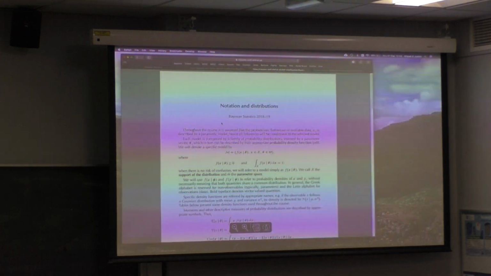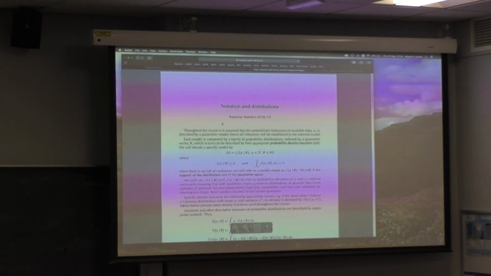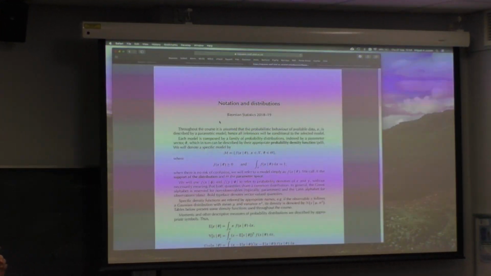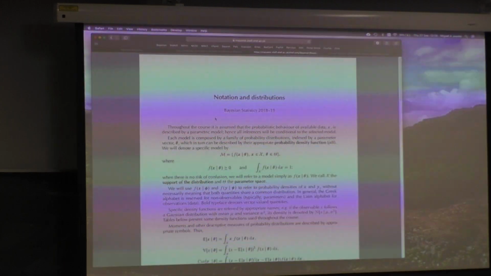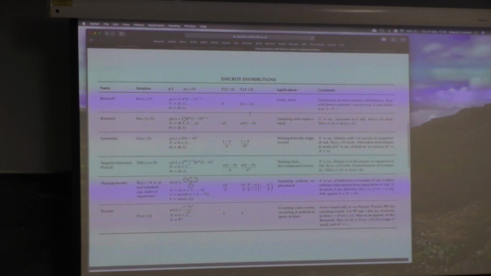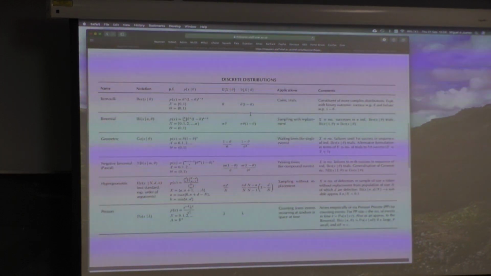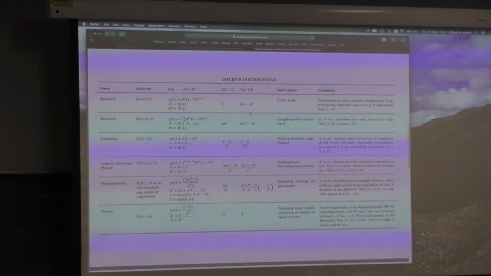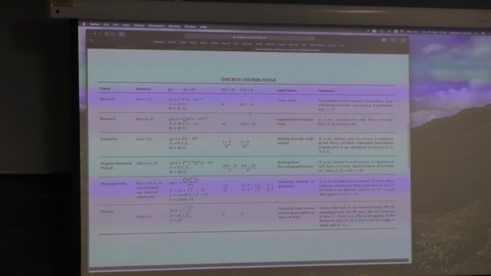There's this handout on distributions. That's quite important. You will have access to that handout in the exam, right? So that has most, if not all, the distributions that we'll be using throughout the course. And not only the PDFs, you will have the means and variances and some comments and some properties of them, right? So what this means is that you don't need to learn by heart the distributions, you will have access to them, okay?